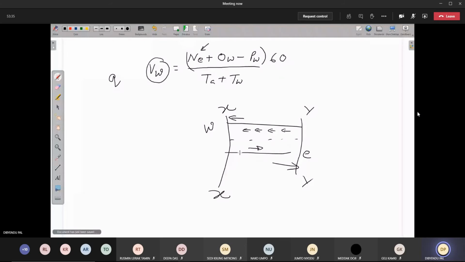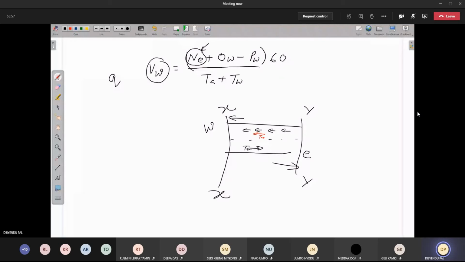So on this side, this is the test vehicle. When the test vehicle was moving towards east, how many vehicles were traveling towards west? That was denoted by NE. The second time, the test vehicle is moving in west direction.